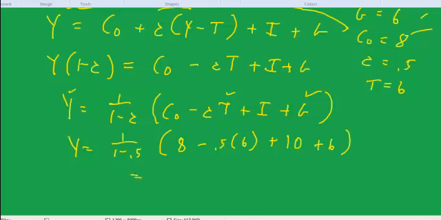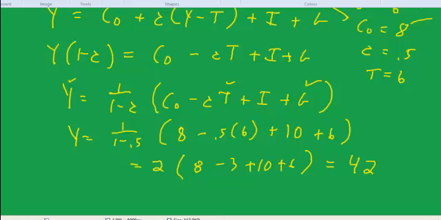So that's equal to 1 over 1 minus 0.5, which is 1 over 0.5, or 2, times 8 minus 3 plus 10 plus 6, which is 21. Times 2, I get 42. So that would be our level of GDP, 42. We can call it 42 trillion or whatever we want.